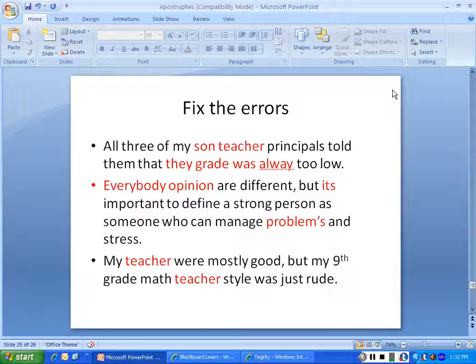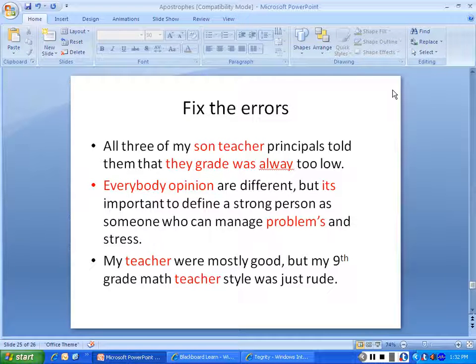All three of my son, teacher, principals told them that their grade was always too low. Everybody's opinion are different, but it's important to define a strong person as someone who can manage problems and stress. My teacher were mostly good, but my 9th grade math teacher style was just rude.